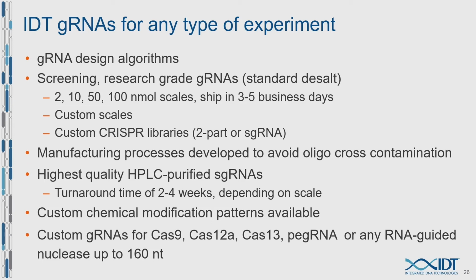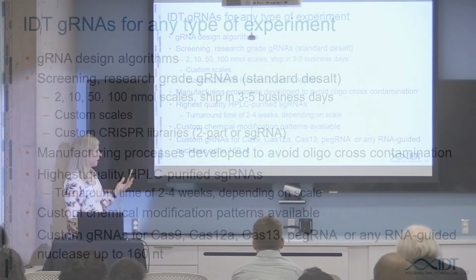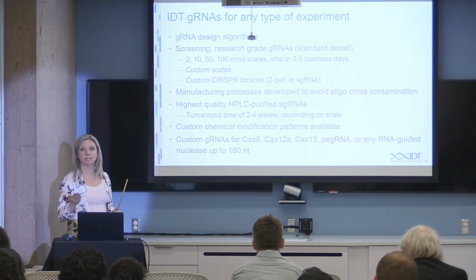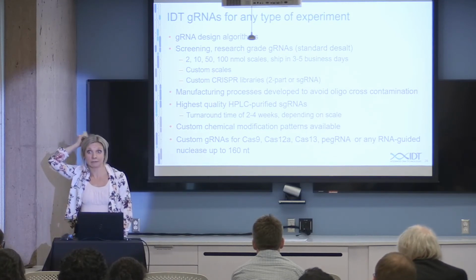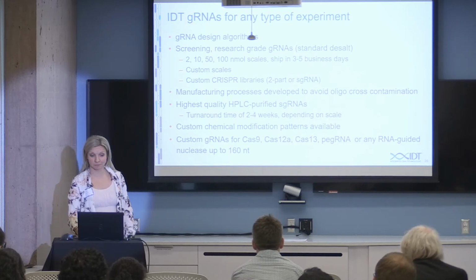For the screening grade, we can do libraries. If you wanted to do large knockout studies, we've made 100,000 guide RNA libraries to look at that. We can HPLC purify these. We can, like I said, support any new technology that comes up that would use an RNA guided molecule.